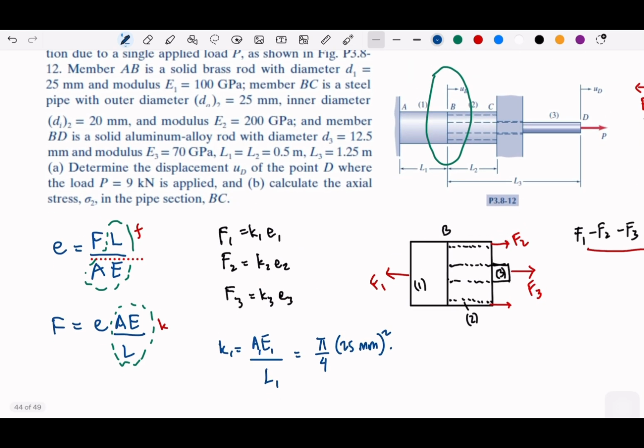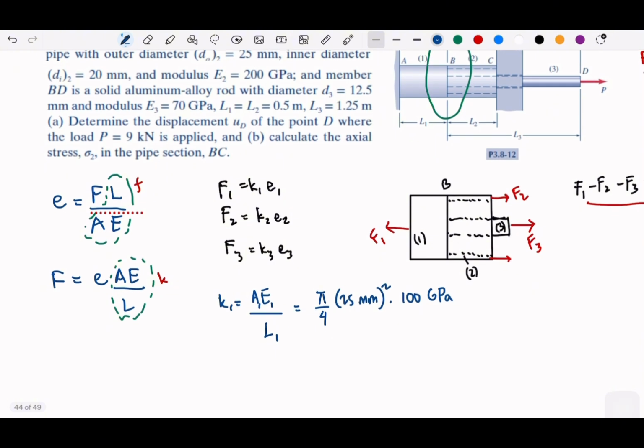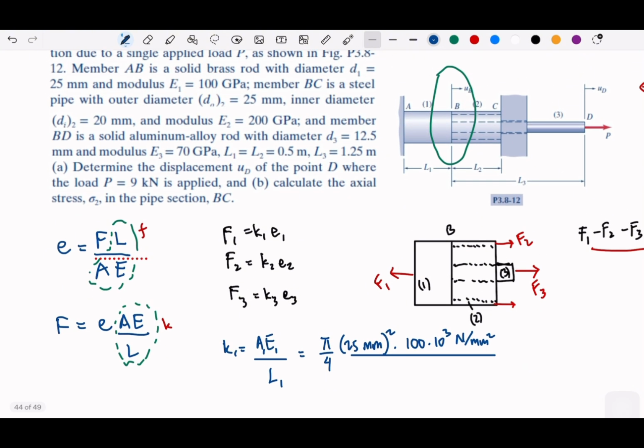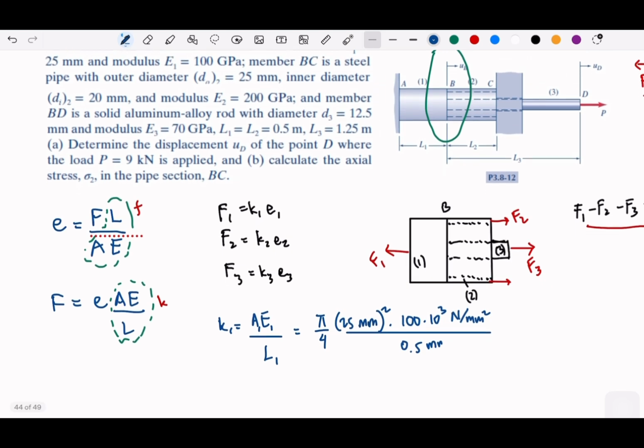And then E is 100 gigapascal, or you can write this as 10 with power of 3 Newton over millimeter squared, and over L1 is 0.5 meter, but I will write with the 1000 to get into millimeter.